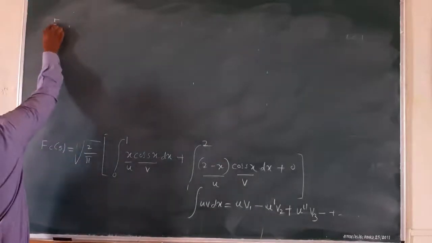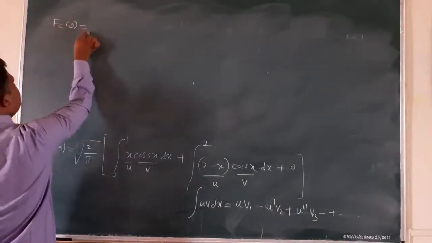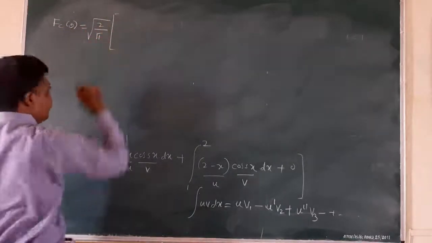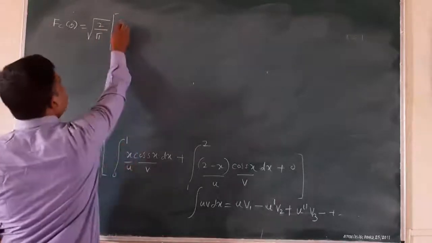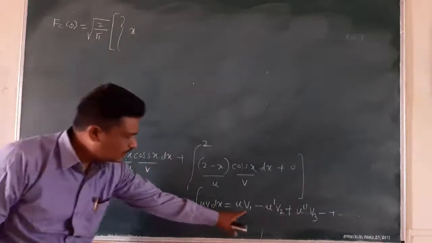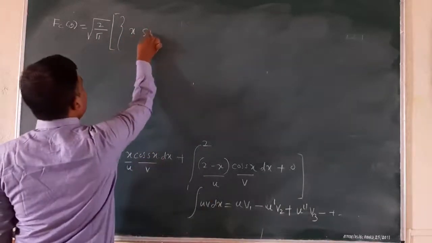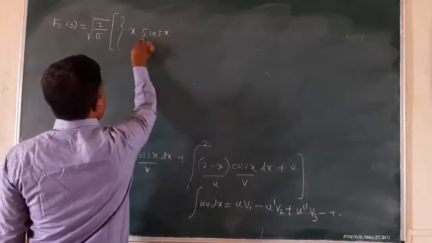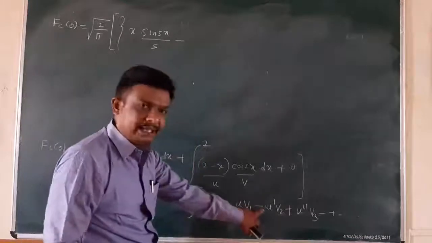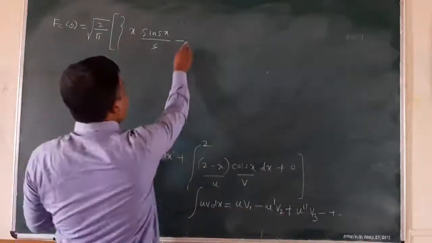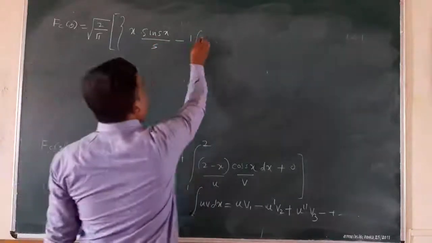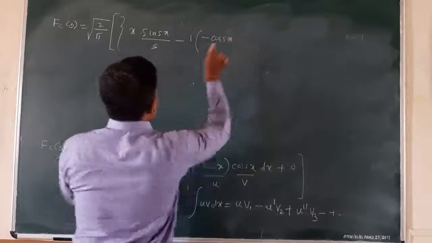So therefore Fc of s is equal to square root of 2 upon pi. I will write the first term x as it is. Integration of cos sx, that is v1, is nothing but sin sx upon s, minus, in the formula we are having a minus sign, u dash, derivative of x is 1, integration of sin sx is minus cos sx upon s.